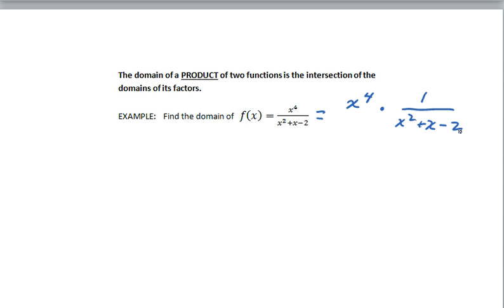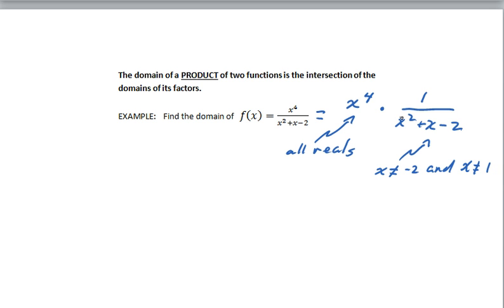So remember that the domain for x to the fourth is all reals, and the domain for 1 over x squared plus x minus 2 was x does not equal negative 2 and x does not equal 1.